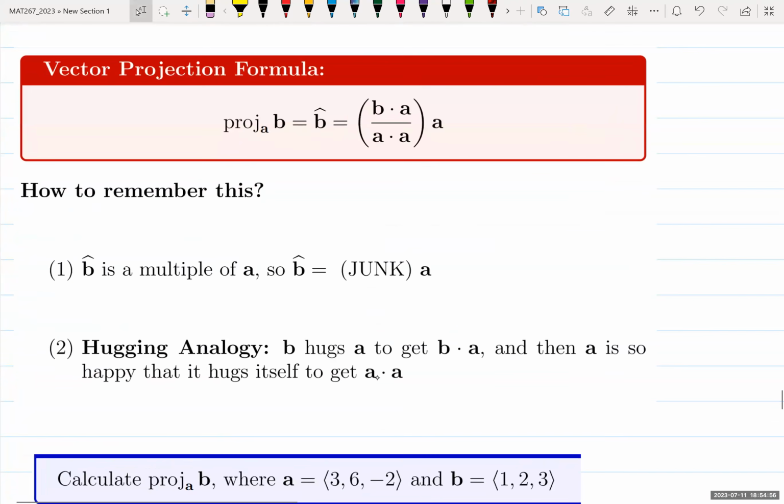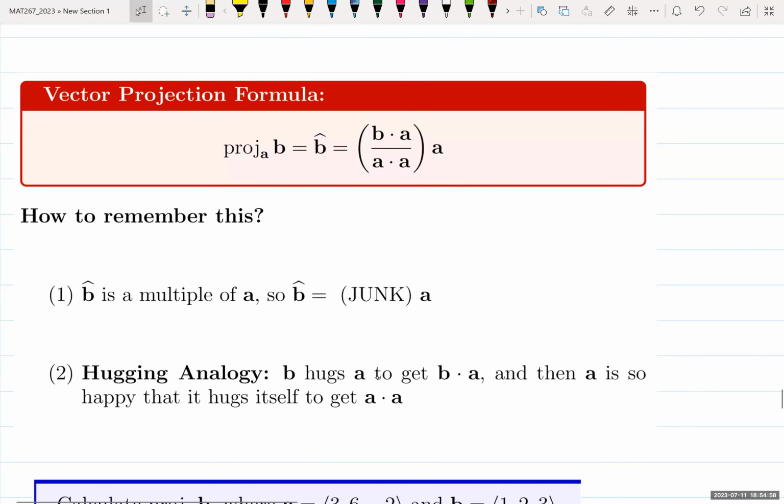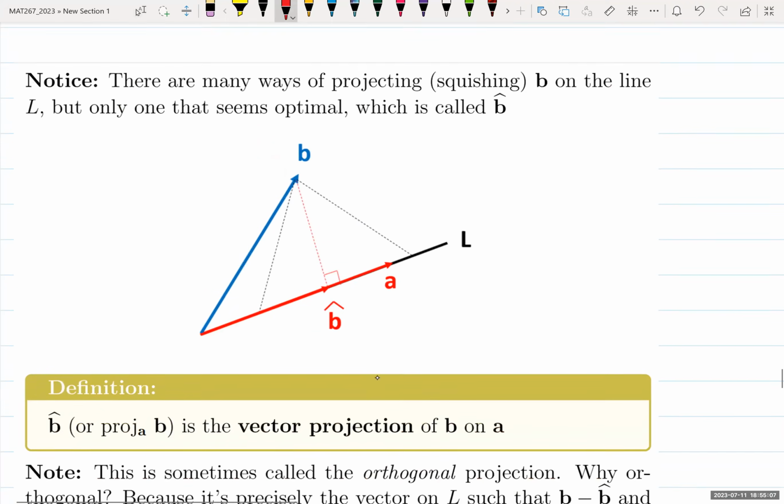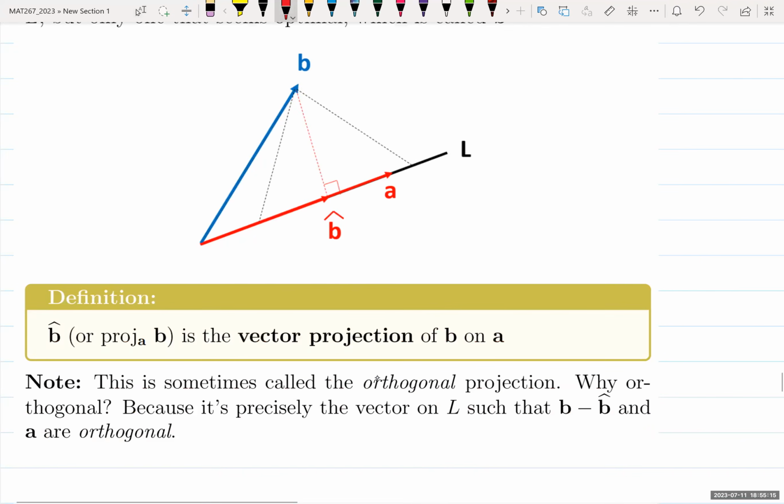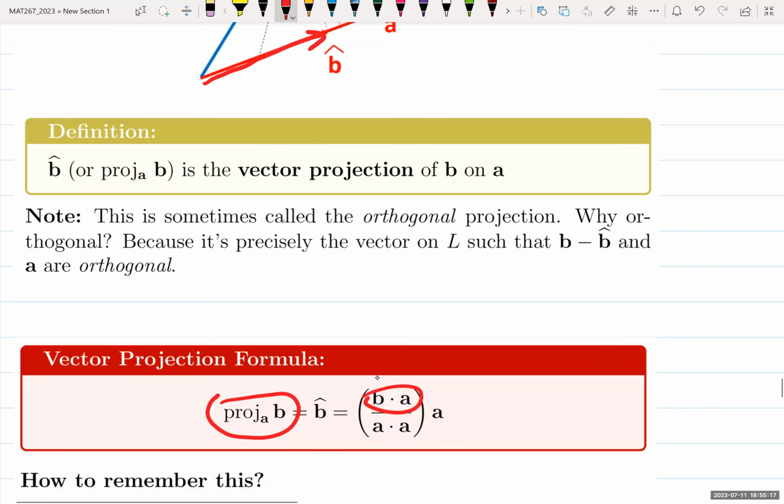Here's the analogy. So projection of B onto A. B hugs A because it wants to become A. So it wants to fall down and hug A because it really misses it. B is blue, hugging A. A is red.